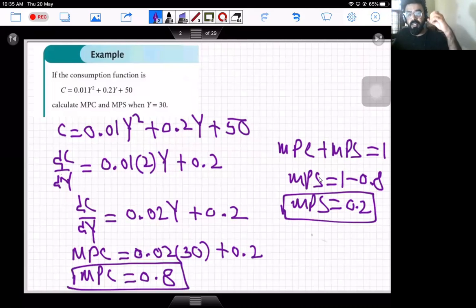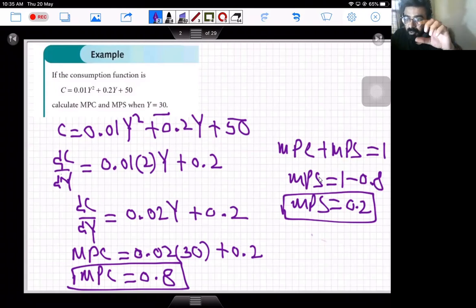So how do we interpret this whole situation, that we are getting the MPC value as 0.8 and MPS value as 0.2? This indicates that when the national income increases by 1 unit from its current level of 30, consumption rises by approximately 0.8 units, whereas savings rise by only 0.2 units.